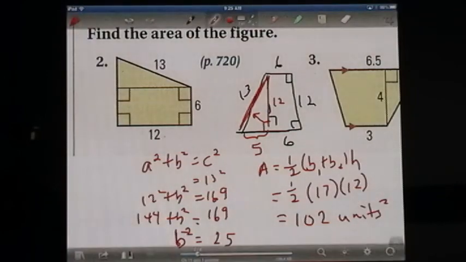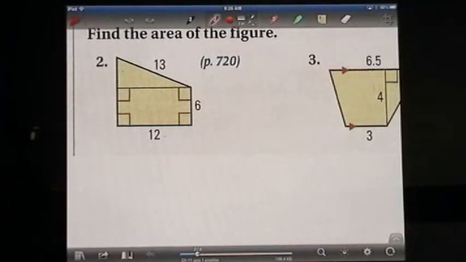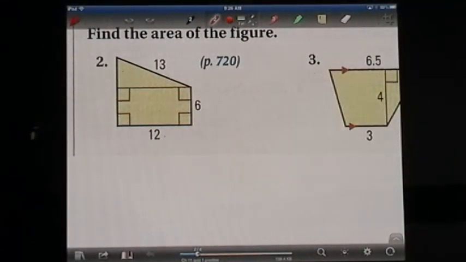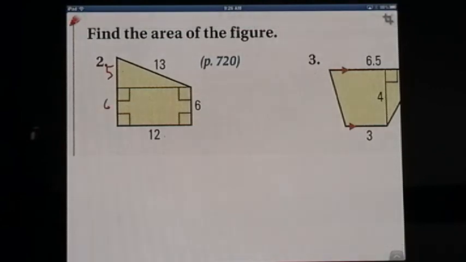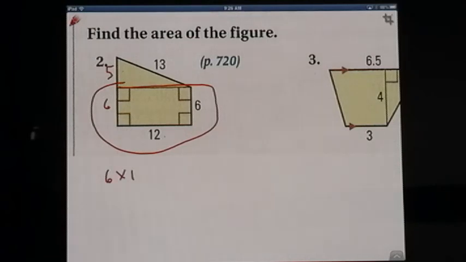Okay, that's a pretty quick way to do it. The other thing we can do is use the Pythagorean theorem again to find that this is 5, and we know that this is 6, and we can just say the area of the rectangle, which is base times height, 6 times 12, is 72.